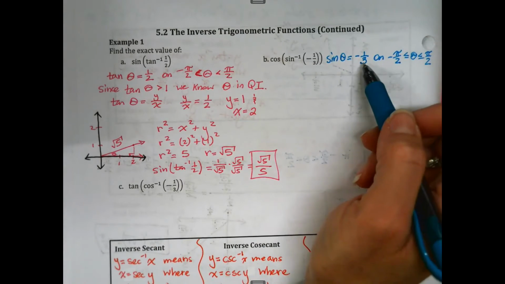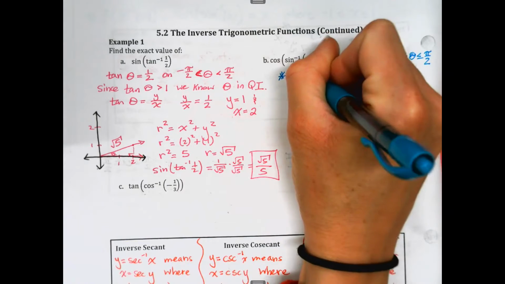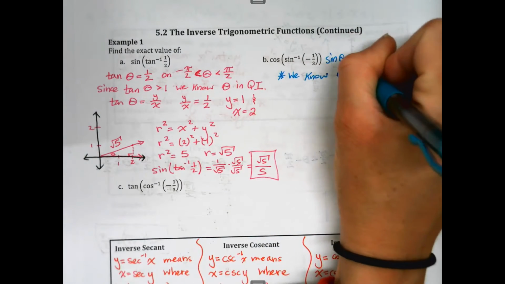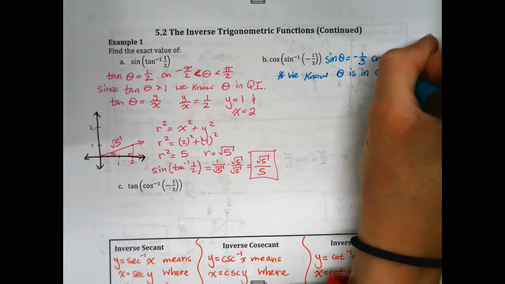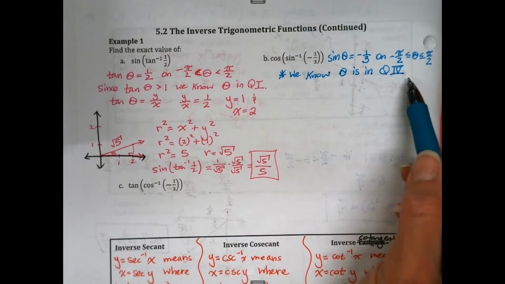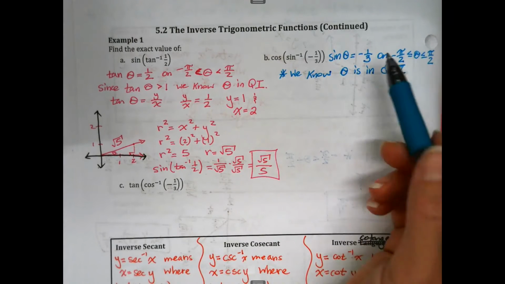Since this is a negative value, we know that theta is in quadrant number 4, because sine values are going to be negative in quadrant number 4. We also know a few things.